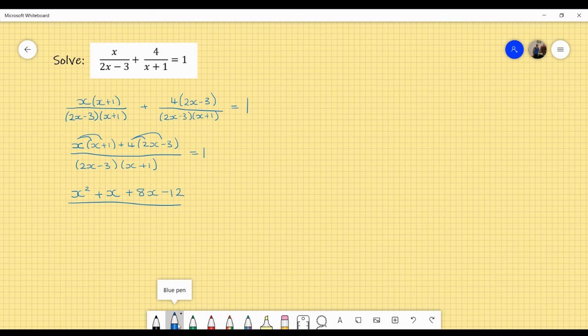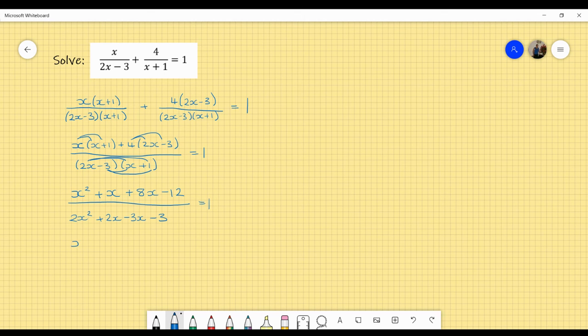And then on my denominator, my 2x minus 3 times my x plus 1, so 2x times x will give me 2x squared. 2x times 1 gives me 2x. Minus 3 times x gives me minus 3x. And minus 3 times 1 gives me minus 3, equals 1. Then simplify everything as much as possible.